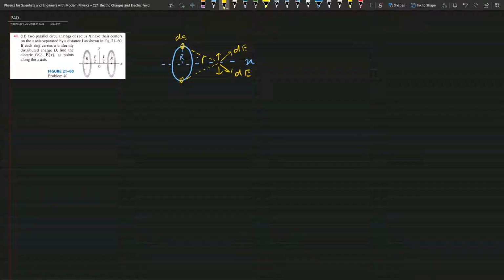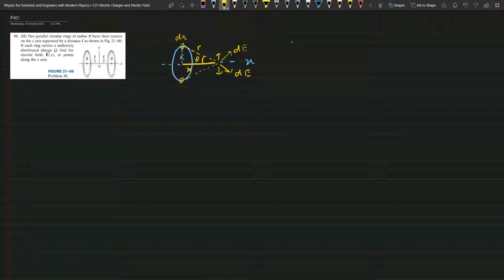Now let's define this angle as theta, and from here to here, let's say this is x, and this is small r.